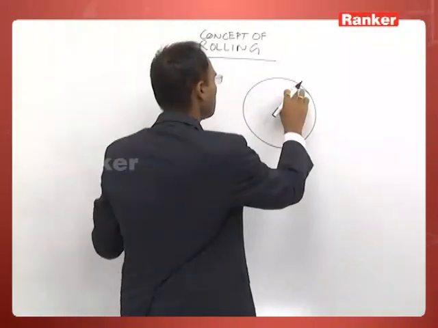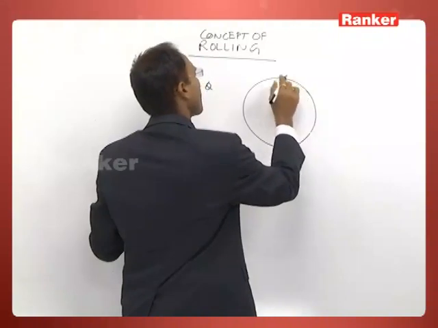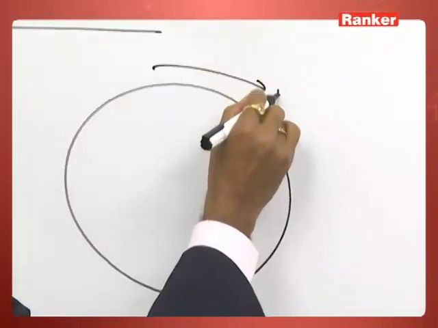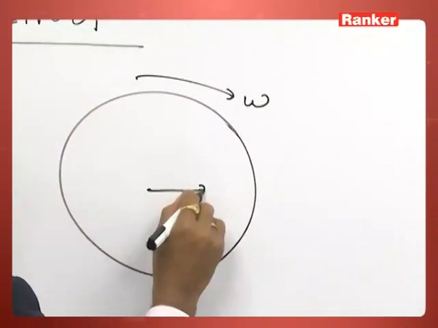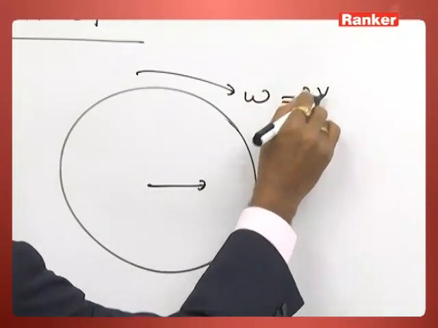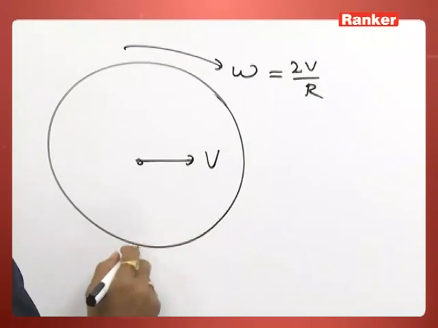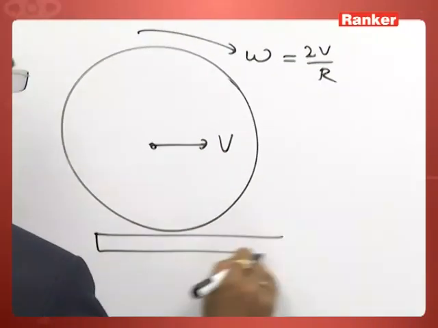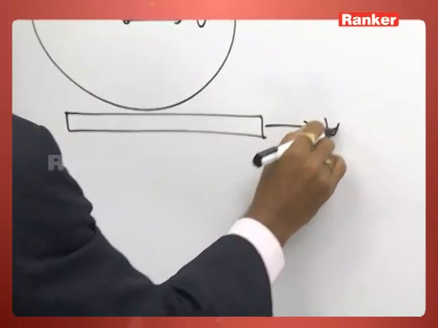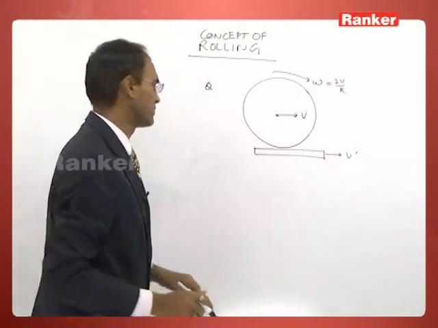Let us take another example. Suppose this spins in this way with omega. Omega is equal to V by R. This is suppose V, the center of mass velocity, and this surface moves with velocity V dash.